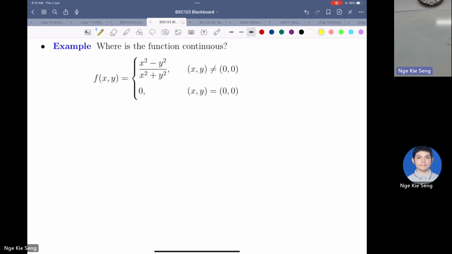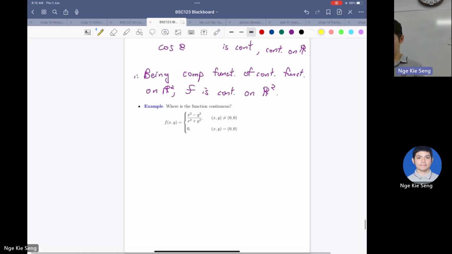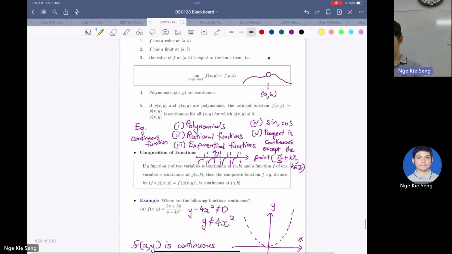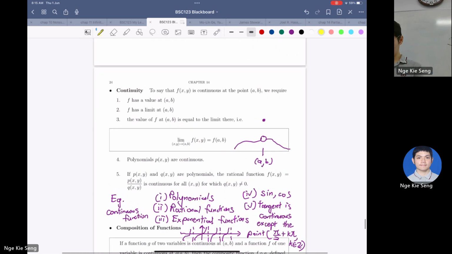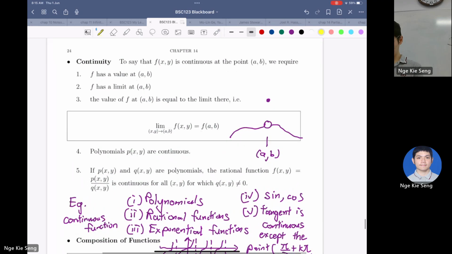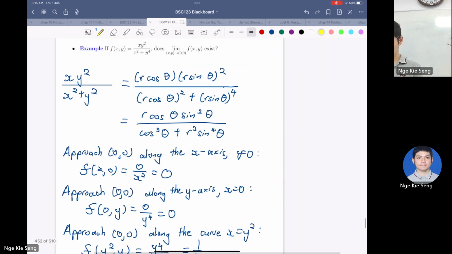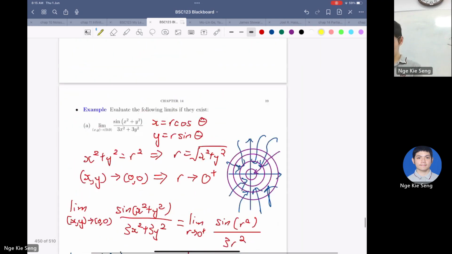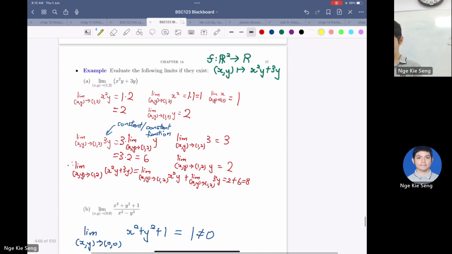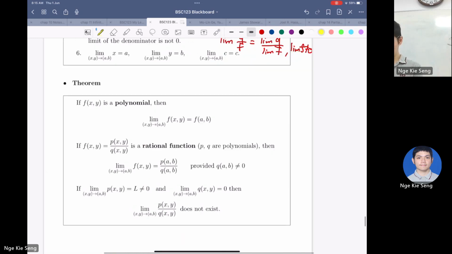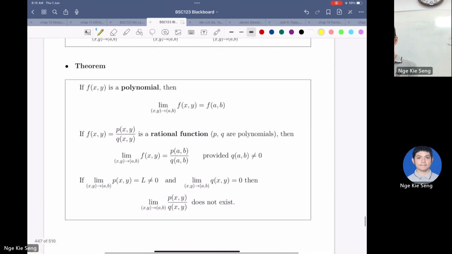How do we calculate the limit actually? It's the squeeze theorem. How do we calculate the limit?